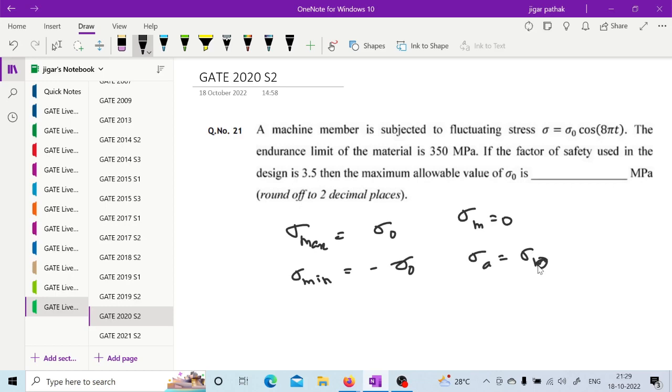Sigma e is given, factor of safety is also given, so sigma naught can be calculated from any of that, the conservative Soderberg line or something. So it is 100, right?